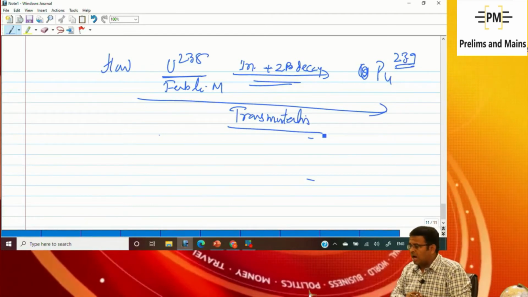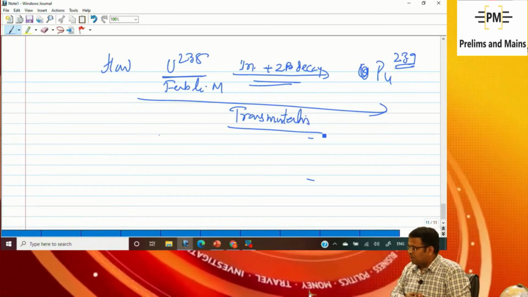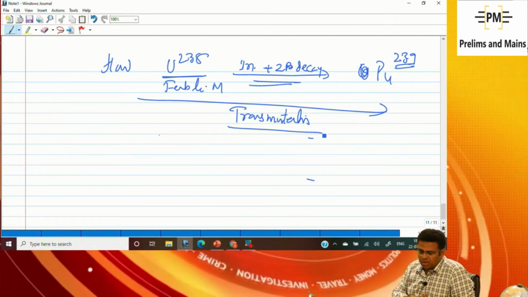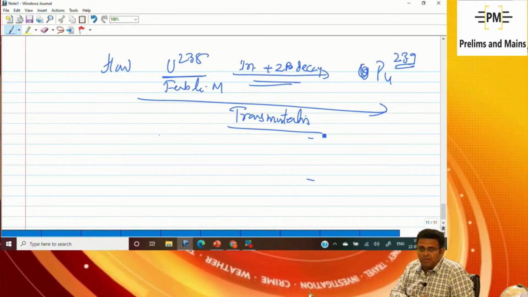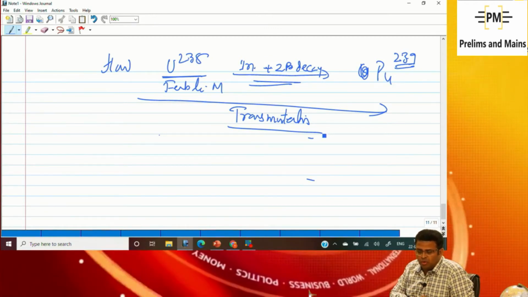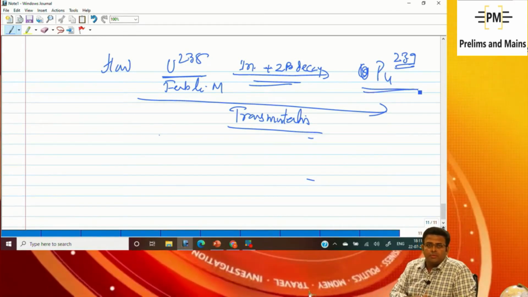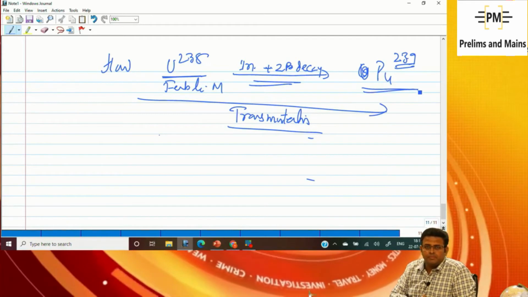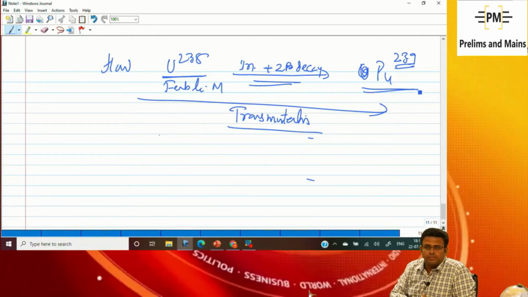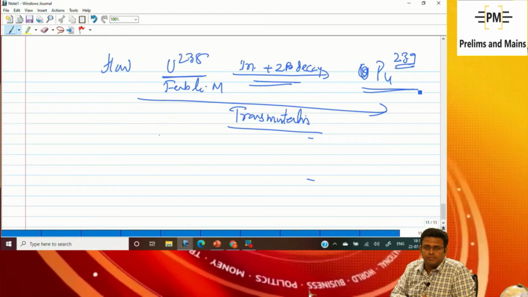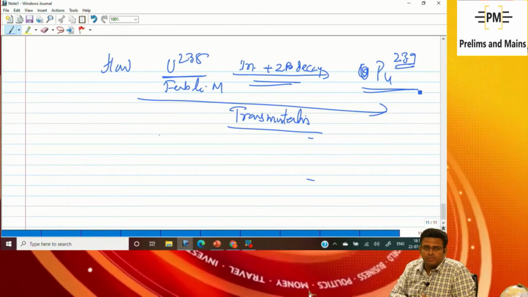But how will uranium-238 convert into plutonium-239, which is fissionable?